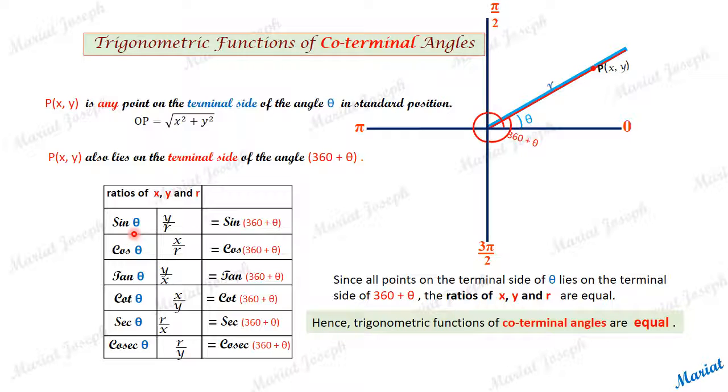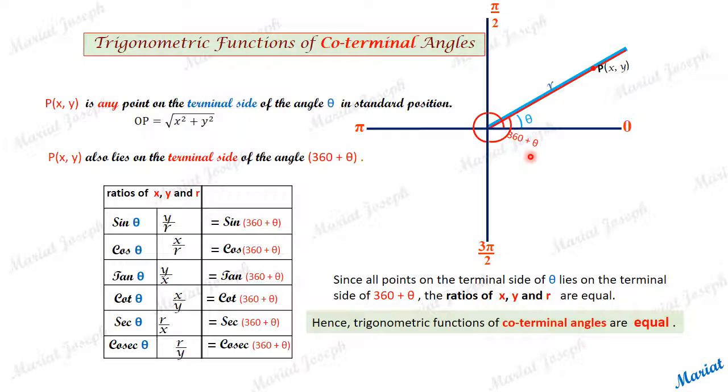So, sine of 360 plus theta is the same as sine theta. Cos of 360 plus theta is the same as cos theta. Tan of 360 plus theta is the same as tan theta, etc. So, after one full rotation, whatever angle is taken extra, the trigonometric function values will be the same for the coterminal angle 360 plus theta.